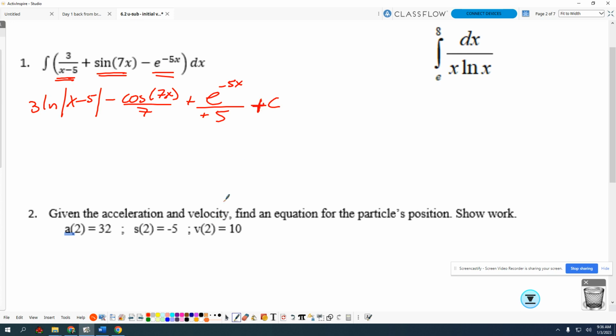This one gets a plus c, this one doesn't. Henry, why does the first one have a plus c and the second one's not going to? Why do I know this one, without even doing the problem, is going to have a plus c and that one next to it is not? It's because of the numbers.